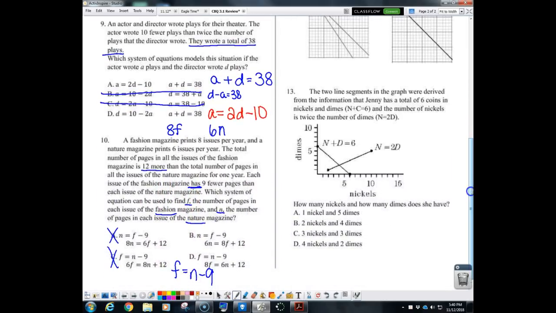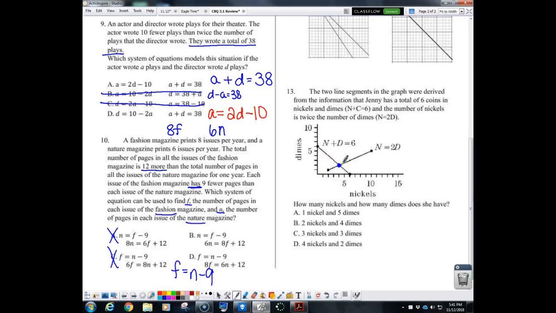Okay? So the two line segments in the graph were derived from the information that Jenny has a total of 6 coins in nickels and dimes, and the number of nickels is twice the number of dimes. How many nickels and how many dimes does she have? Okay, so if you look at these, they graphed the two equations already, and this is the solution, right?